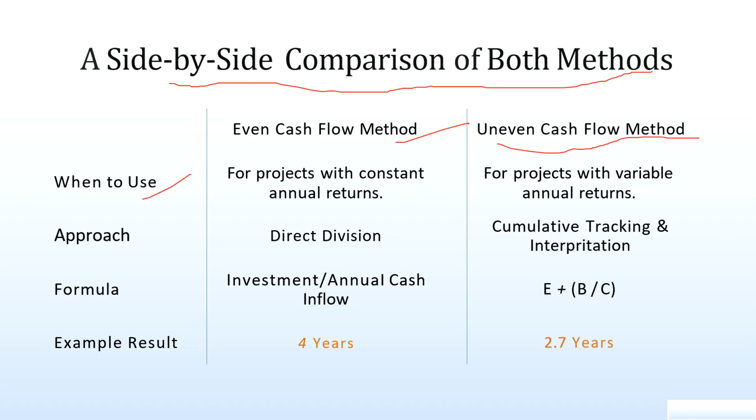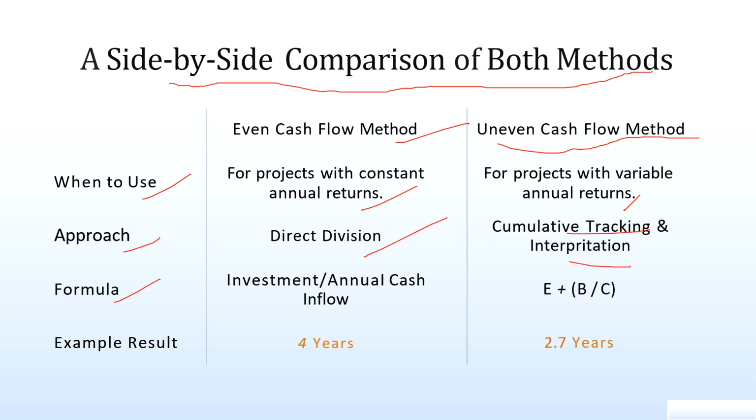When to use? The even cash flow method is for projects with a constant annual return, but the uneven method is used for projects with variable annual returns. The approach of the even cash flow method is direct division, but the uneven cash flow method is cumulative tracking and then interpretation.